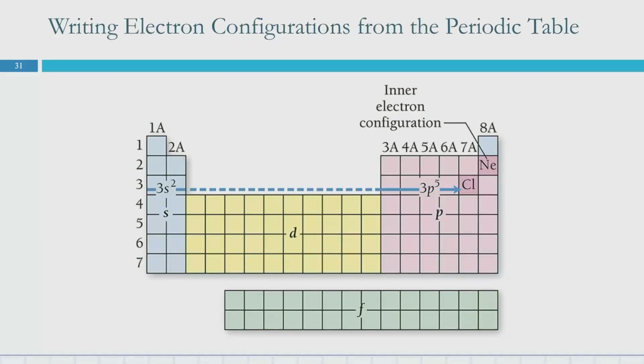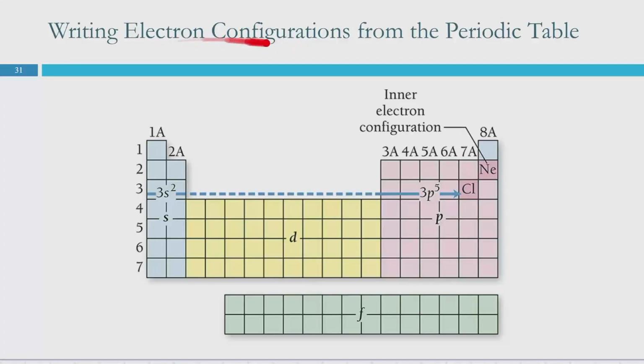Anyway, so the way that we can write electron configurations from our periodic table, we want to start with our inner electron configuration, our shortcut. So we look at what is our previous noble gas. It's neon. So we write the symbol for neon in brackets, and that represents everything that neon has.